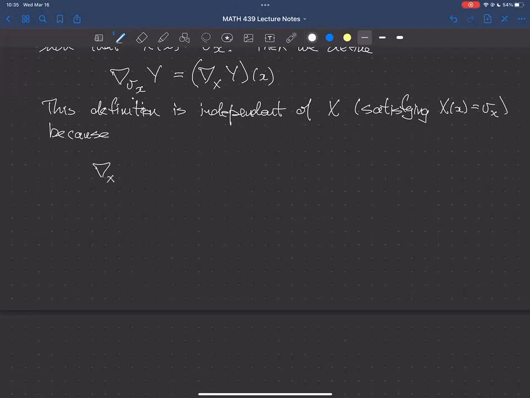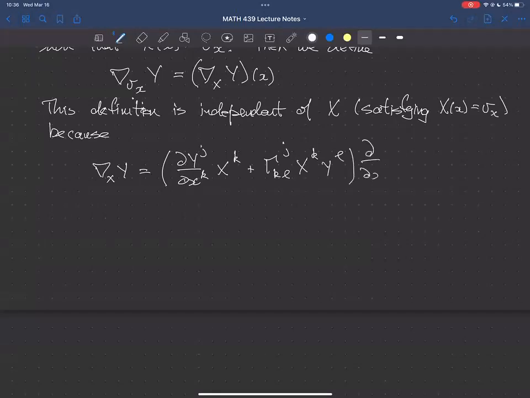So I'll write that down. And then emphasize the thing that I care about. Okay, so that's the coordinate formula for the affine connection that we derived last time. And there are its Christoffel symbols.